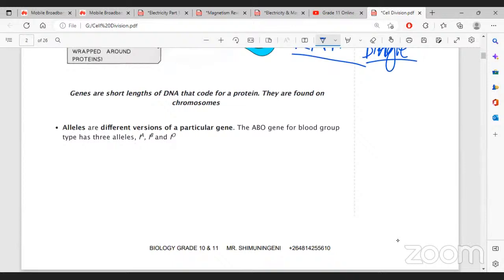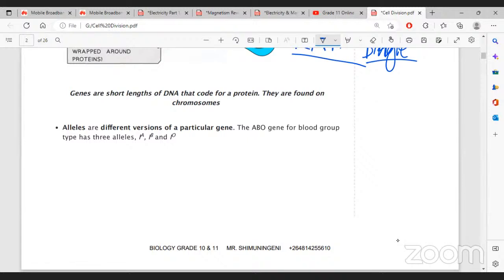Okay. Alleles are different variations of a particular gene. For example, the ABO gene for blood group type has three alleles.